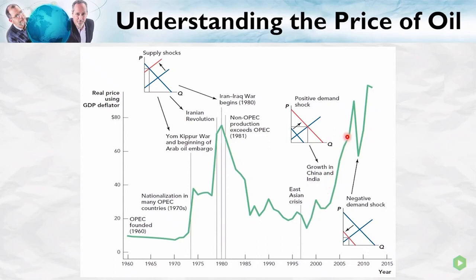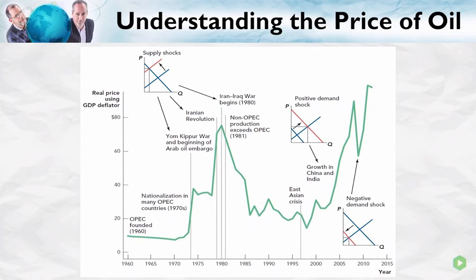Another key event occurred in the 2000s. As growth in China and India increased, that increased the demand for oil, pushing up the price. For the first time, millions of people were able to afford a car, and that increased the demand for oil. You can see that increased demand continued until this big drop in the price of oil in 2008, 2009. What's that?